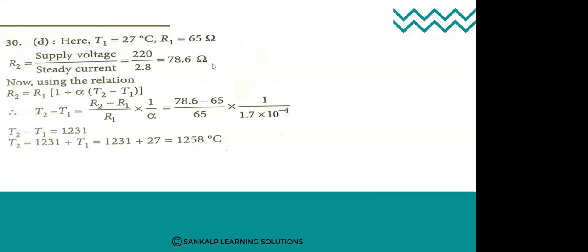So R2 equals R1 into bracket 1 plus alpha into T2 minus T1. T2 you calculate, T1 is 27. Your answer should be option D, 1258 degrees Celsius. Where you are going wrong, you can check here. You can cross verify your steps.